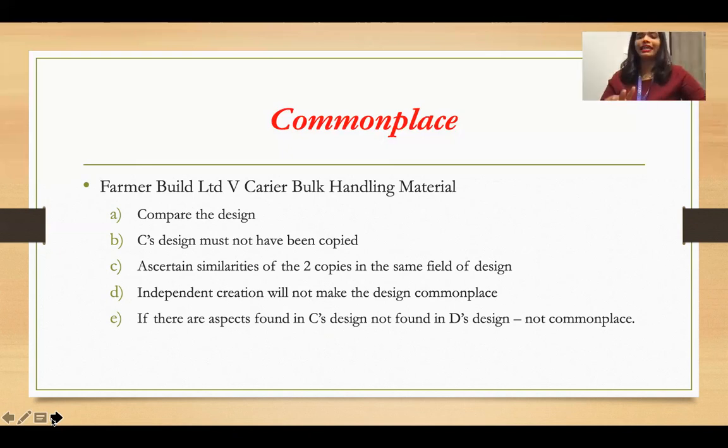This Farmer Bill case is about a slurry machine. So what is a slurry machine? This machine is where they put in all the feces of domestic animals, like cow, pig, whatever domestic animals. This slurry machine is usually on the farm.